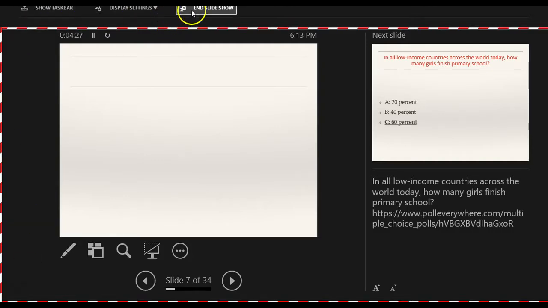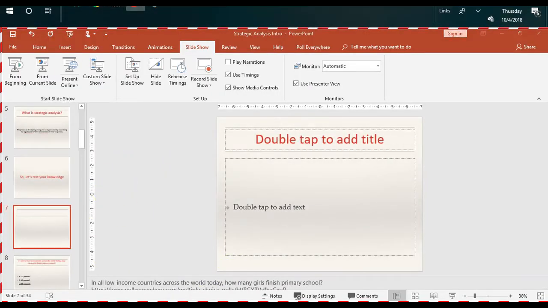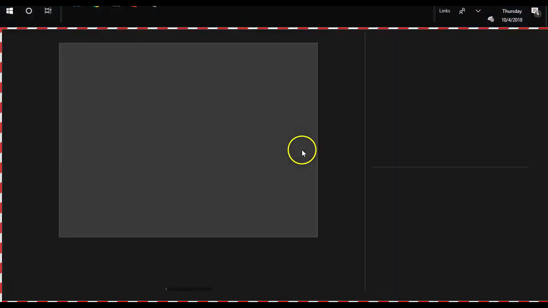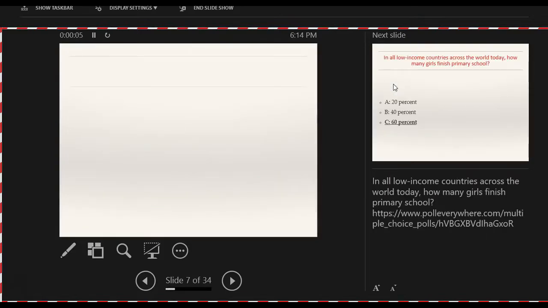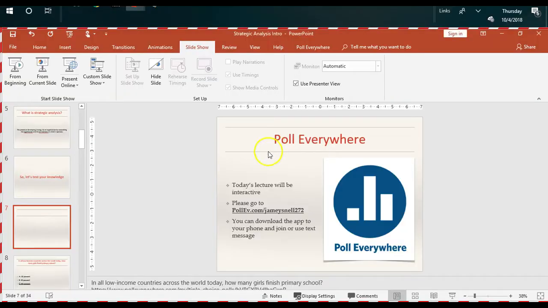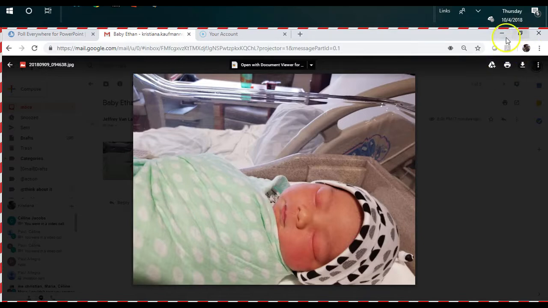Hold on. Let's see if we can get this to work. We had this working earlier. I don't think this one's going to work for us. Sorry, technical problems. We were trying to be awesome, and then technical problems.